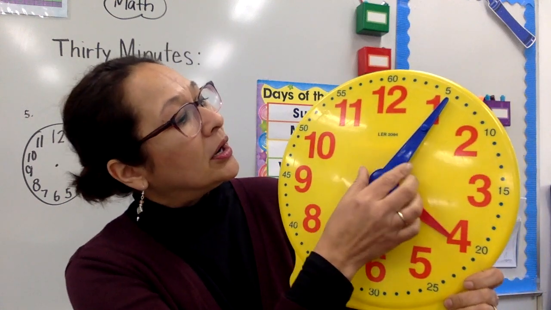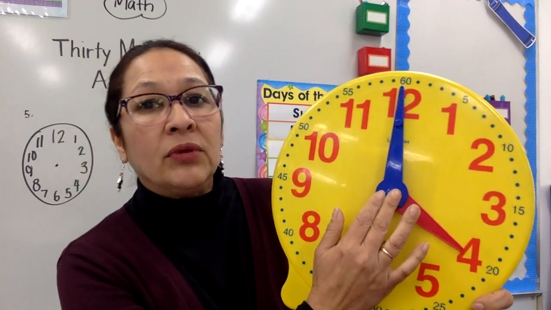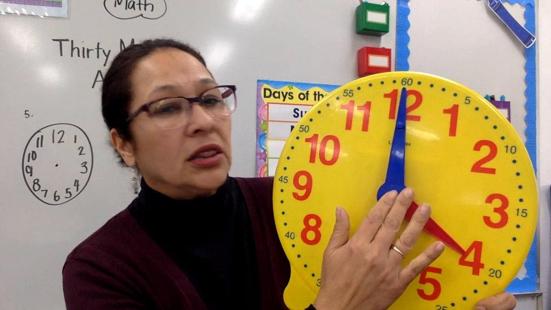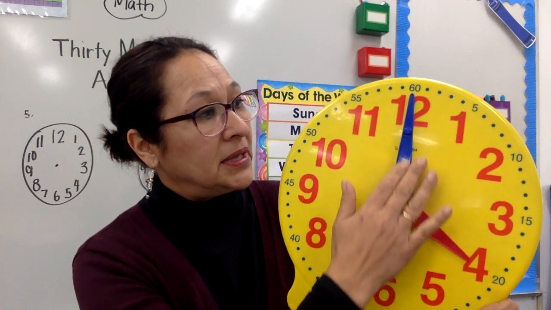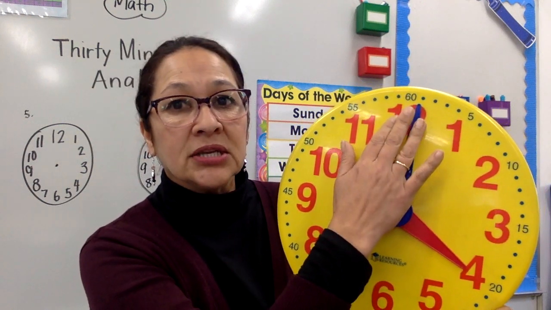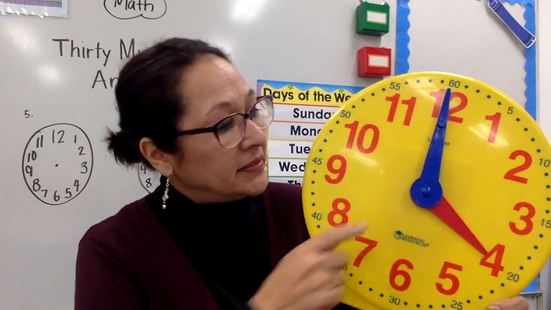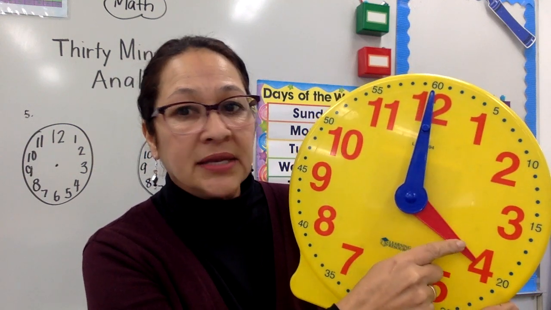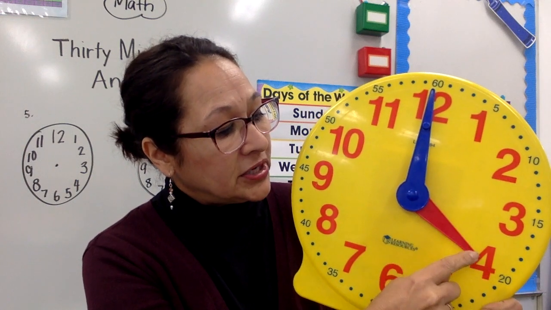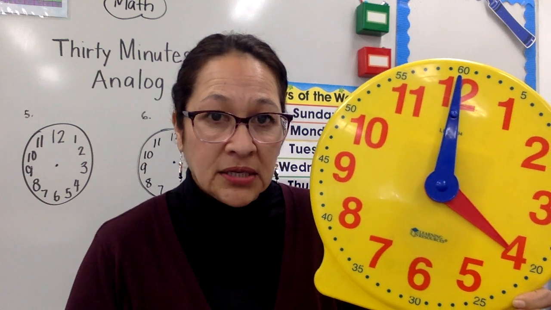So we are going to start by reviewing that the long hand, this big long hand, is touching the 12, is called the minute hand. And the small hand, the short hand, is touching the 4 over here, barely touching the number. That is the hour hand.